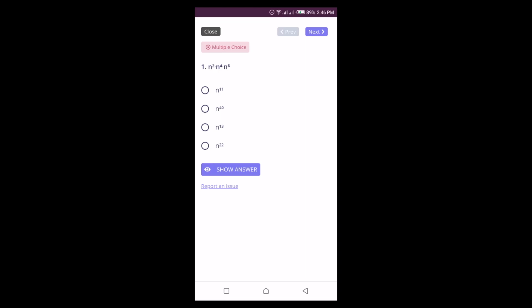It's the product rule. Exactly. So what should be the answer from these options? n raised to the power of 11. Exactly, so n raised to the power 11 is the right option.